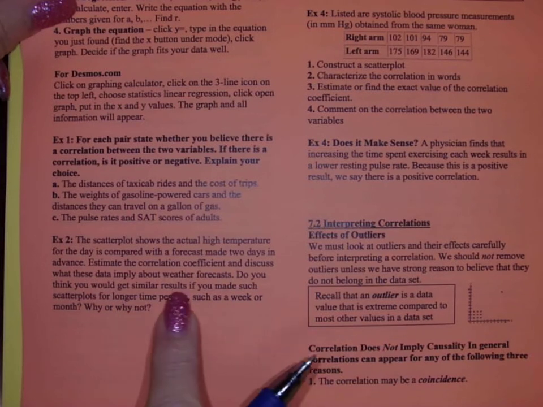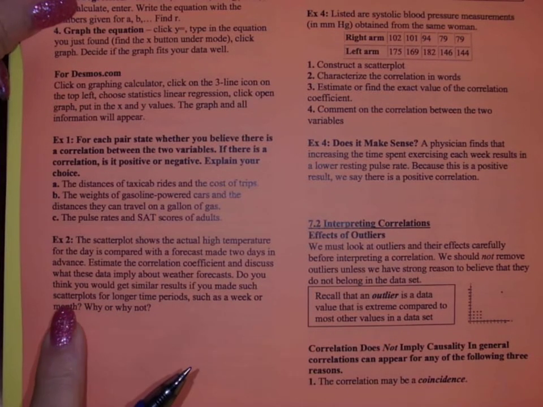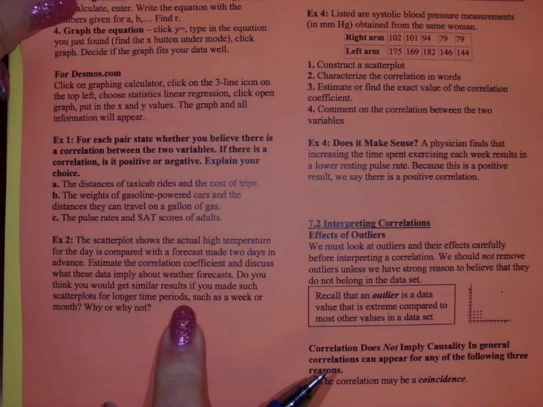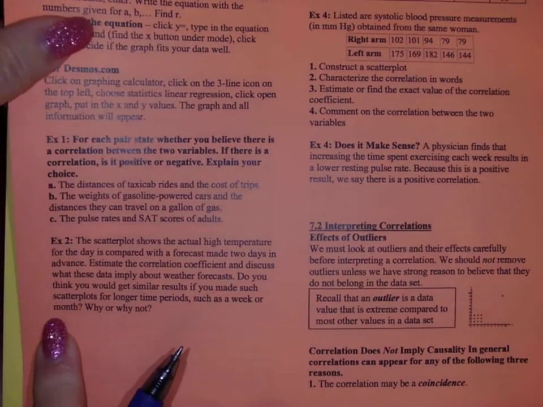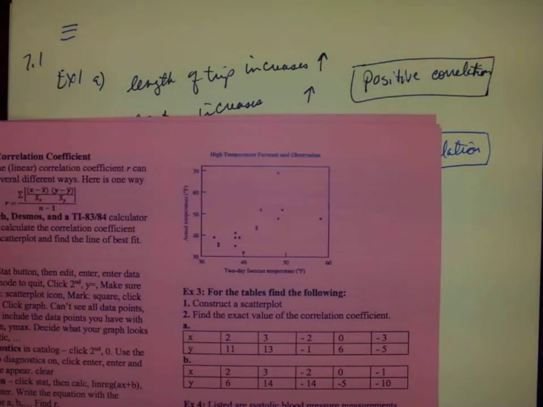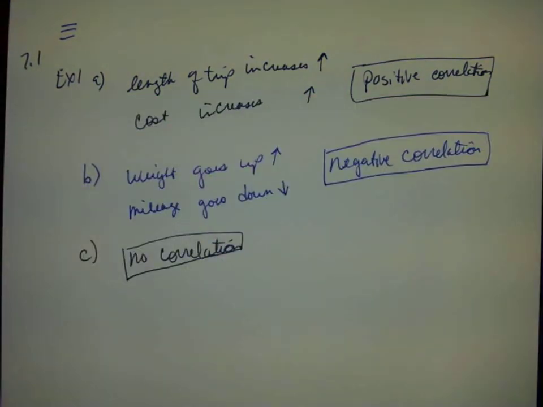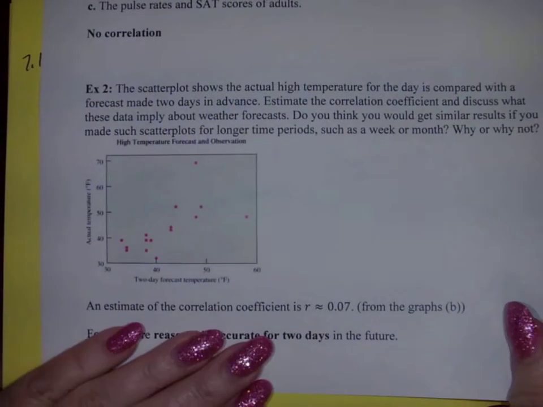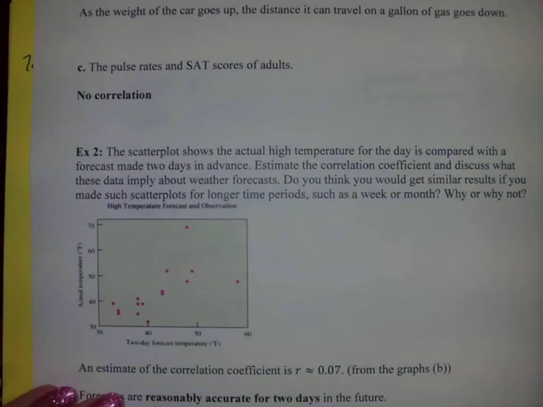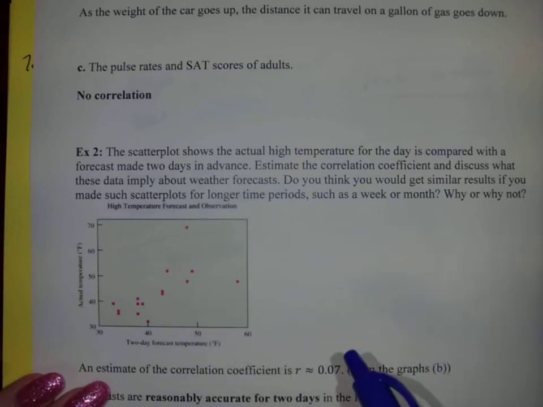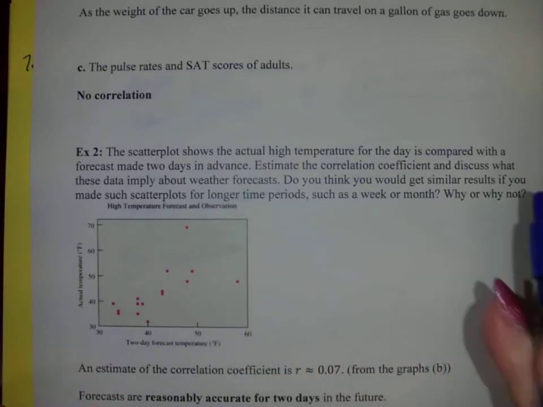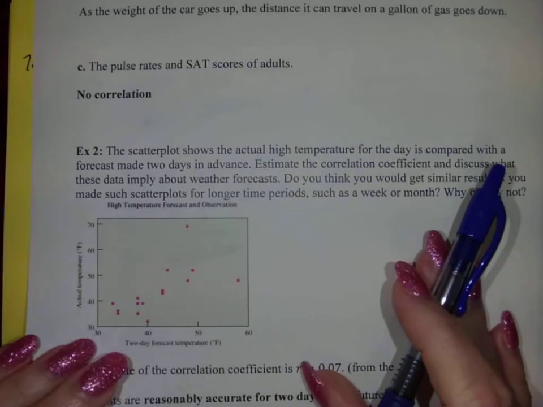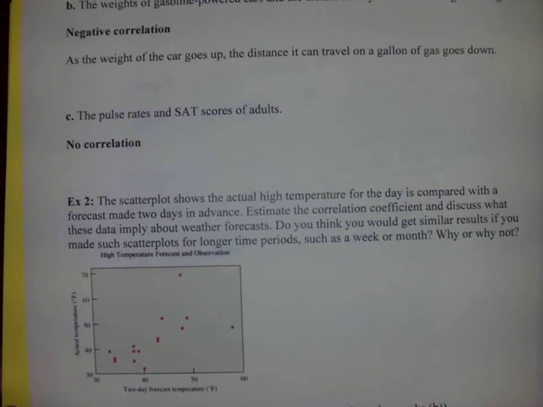Do you think you should get similar results if you made the scatter plot for a longer time period, such as a week or a month, and why or why not? So you have a picture of the graph on your handout, but I'm going to put up a more colorful one. So if we're looking at this, we can kind of guess at what's happening with our coefficients, right?